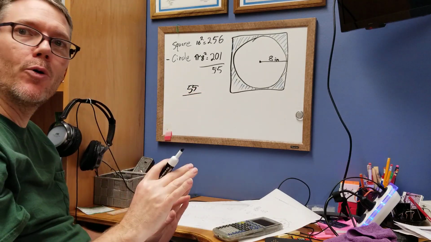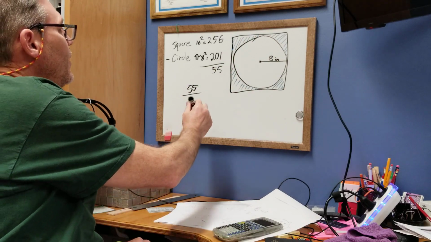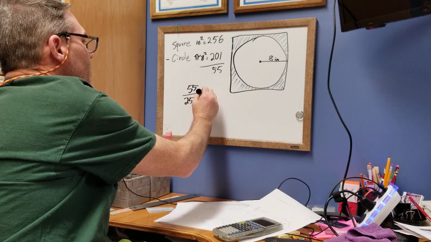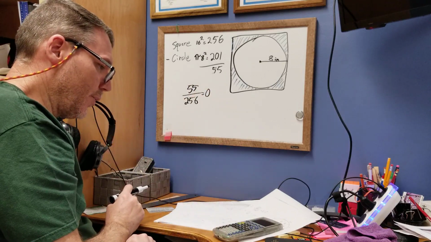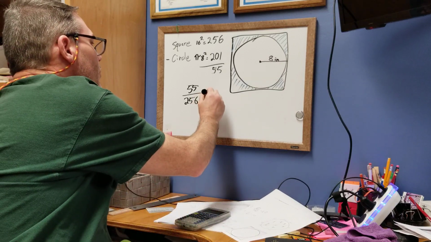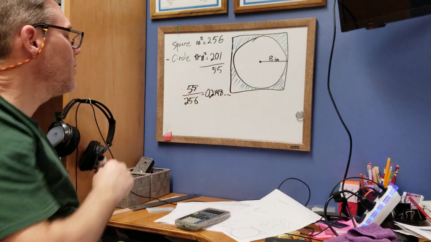Divide that by the total possible, which is the entire outside of the square. So we've got 55 by 256. And the decimal we get for that is 0.2148, and it keeps on going.